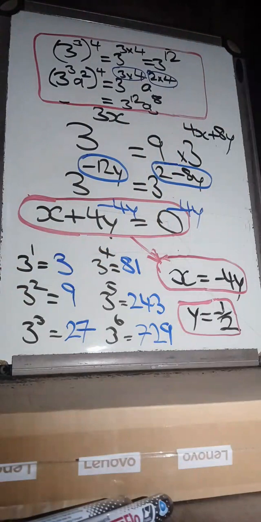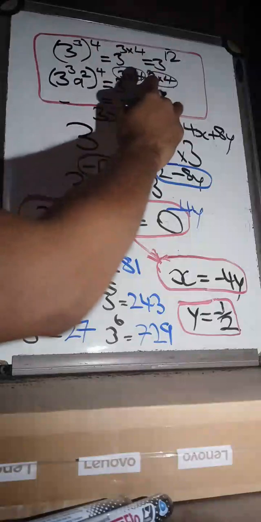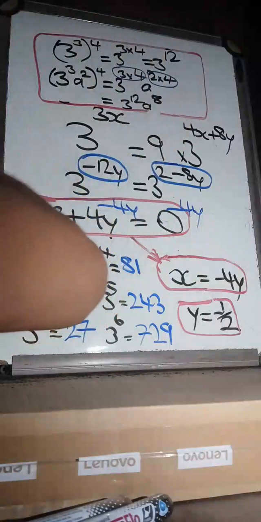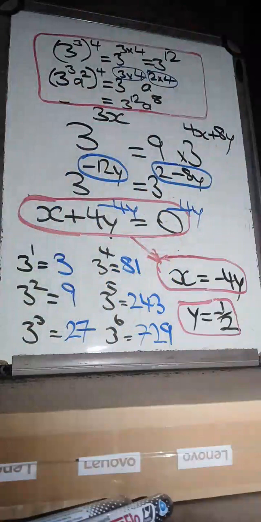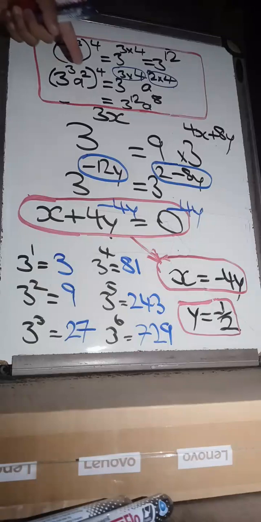So you had this. So the second part is an unspoken rule in indices. Meaning you're not just raising this to the 4th, you're raising everything in the bracket to the 4th as well.